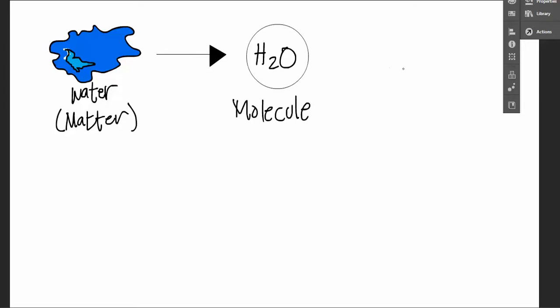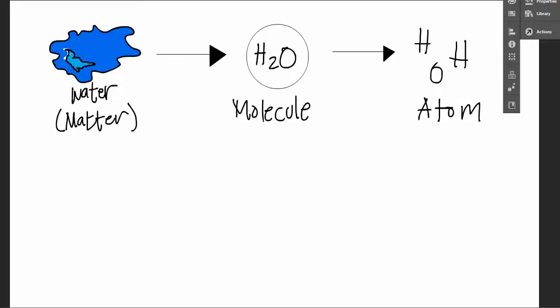And for the last one is its atom. I hope you understand the illustration that shows how matter is being divided and reaches its smallest part, which is the atom.